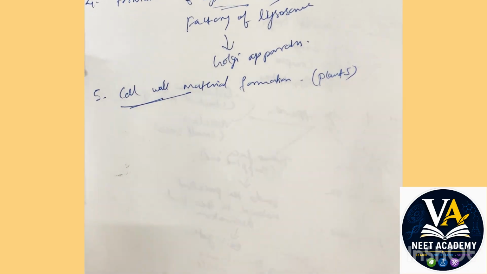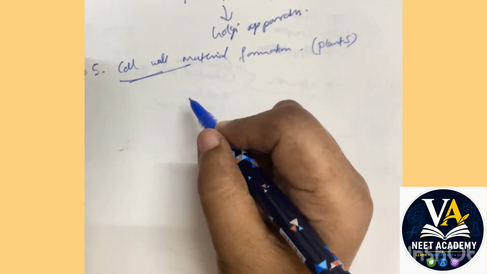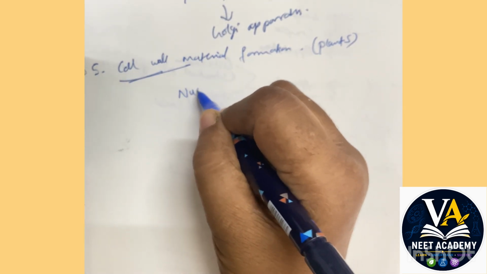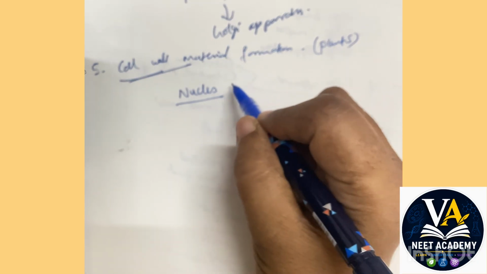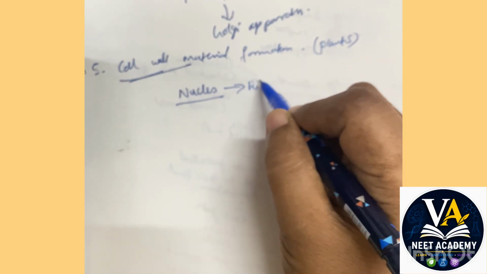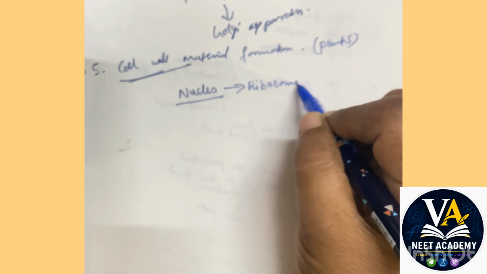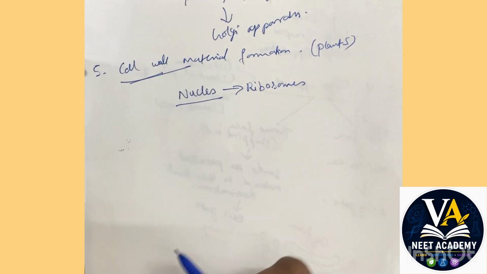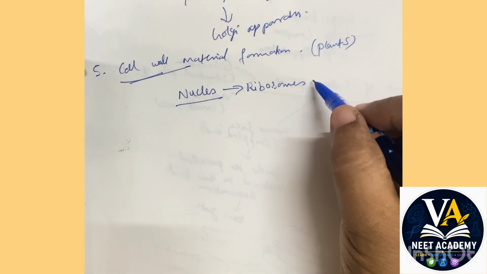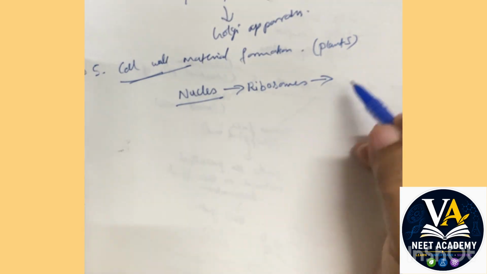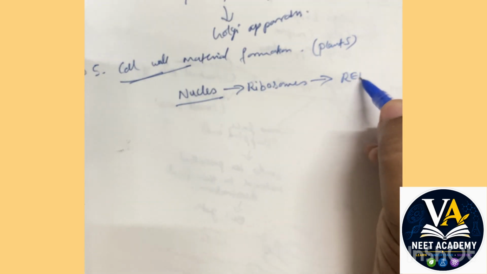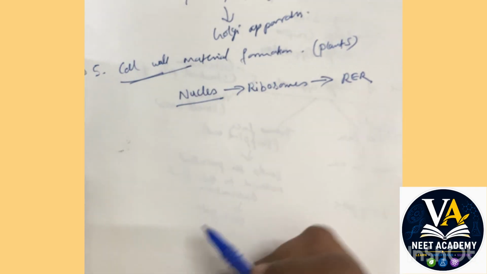When you see the flow chart of this, the material or the information starts from the nucleus. It is given to ribosomes in the form of mRNA, messenger RNA. It reaches the ribosome, and this ribosome goes and attaches itself to the rough endoplasmic reticulum.